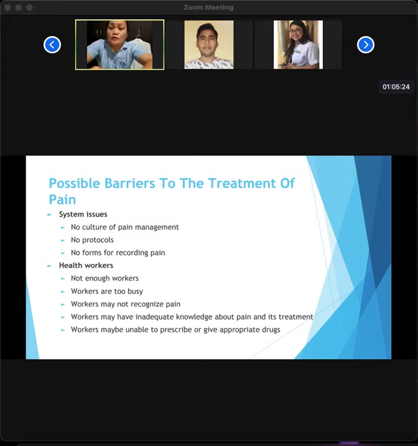Okay? And also no protocols yet. And also no forms of recording pain pa. Meron pero hindi pa maganda masyado. Plinaplansya pa lang. Okay? For health workers, we have not enough workers or pain specialist doctors. Here in RIMC, we have a consultant who is a visiting consultant.